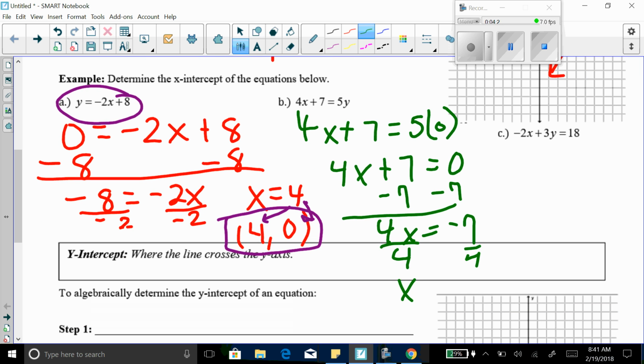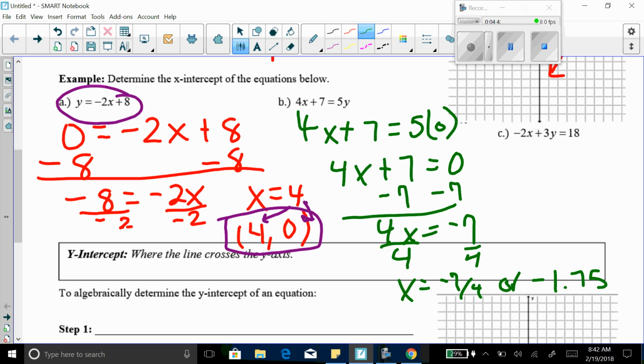I get X equals negative 7 over 4, or let me pull out my calculator here. You can leave it as a decimal if you would like. So as a decimal, it's negative 1.75.